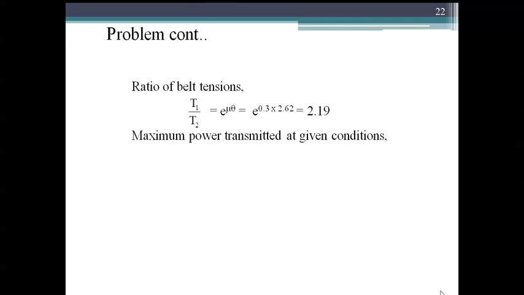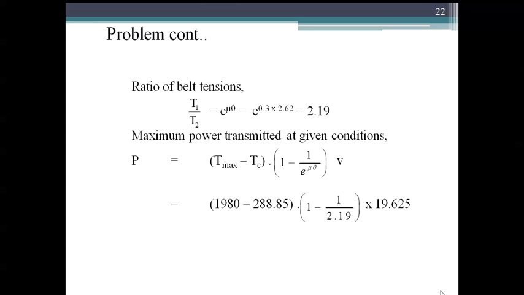The maximum power transmitted at given conditions by considering the centrifugal tension, P is equal to (Tmax minus Tc) into (1 minus 1 by e power mu theta) into V. Now P equal to (1980 minus 288.85) into (1 minus 1 by 2.19) into 19.625.